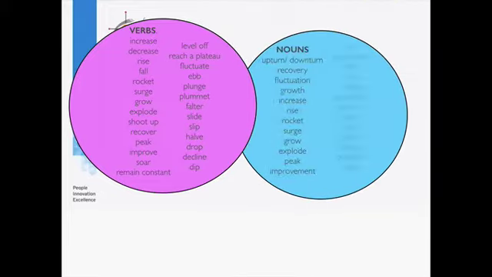So we've got upturn, downturn, recovery, fluctuation, growth, increase, rise, rocket, surge, grow, explode, peak, improvement, soar, decrease, fall, ebb, plunge, plummet, falter, slide, slip, halve, drop, decline, and dip.